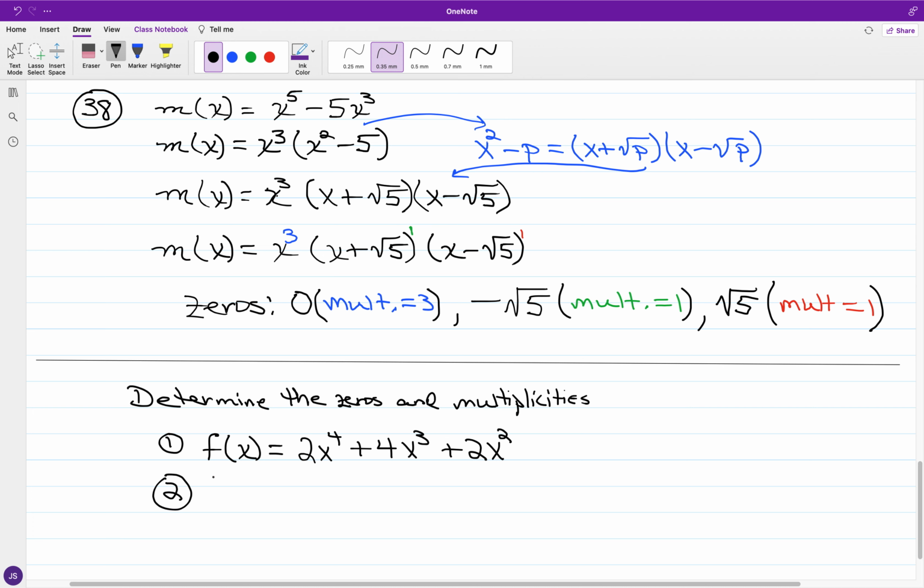And we'll say with the second one, we have f of x is equal to x to the 6th plus 10 times x to the 5th, plus 25 times x to the 4th. So let's see what we get from these polynomials, what the zeros and their corresponding multiplicities will be, and we'll discuss in the next few minutes.